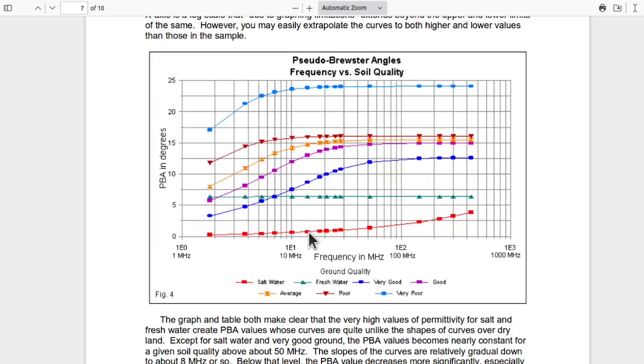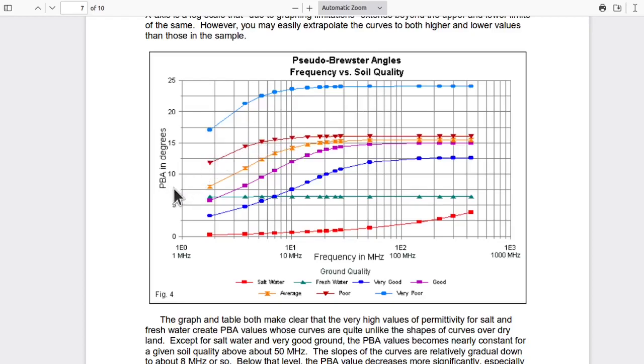These two lines give us the best we could hope for in nature. The common ham experience is more along these lines, however. Each of these lines is progressively worse soil, all the way to this very poor soil.